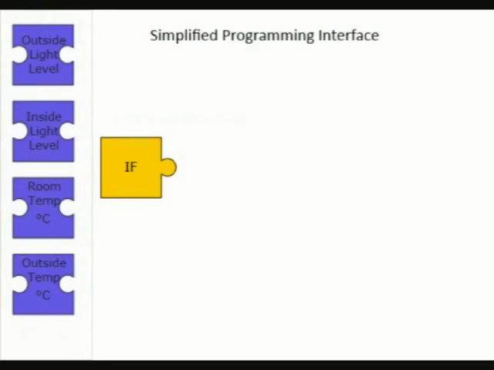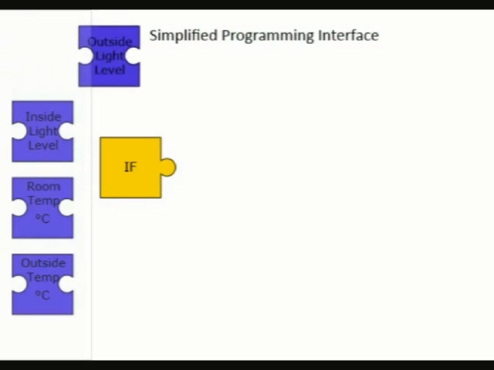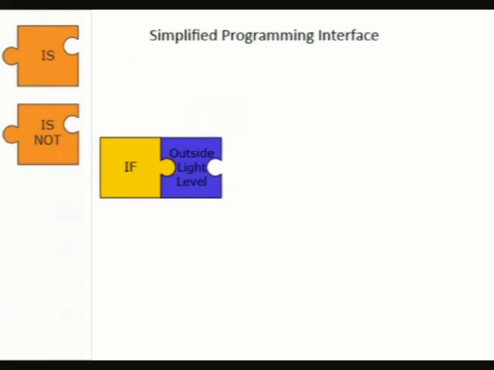Let's say, for example, we wanted automated curtains, so that when it's dark outside, the curtains close. We first take a look at the options for the next jigsaw puzzle piece. We can see that we have outside light level, inside light level, room temperature, and outside temperature. And the one we want is outside light level, so we select this and drag it down onto the jigsaw. We are then presented with options for our next piece, is or is not.